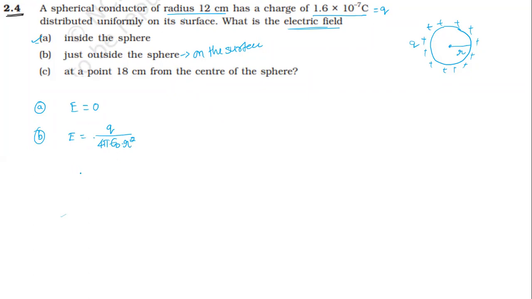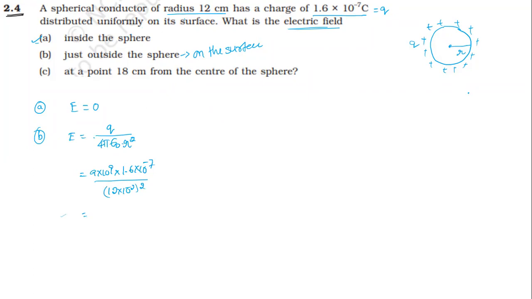So this is 9 into 10 power 9, because 1 by 4 pi epsilon naught, into charge 1.6 into 10 power minus 7, divided by the radius, 12 centimeter given, 12 into 10 power minus 2 whole square.